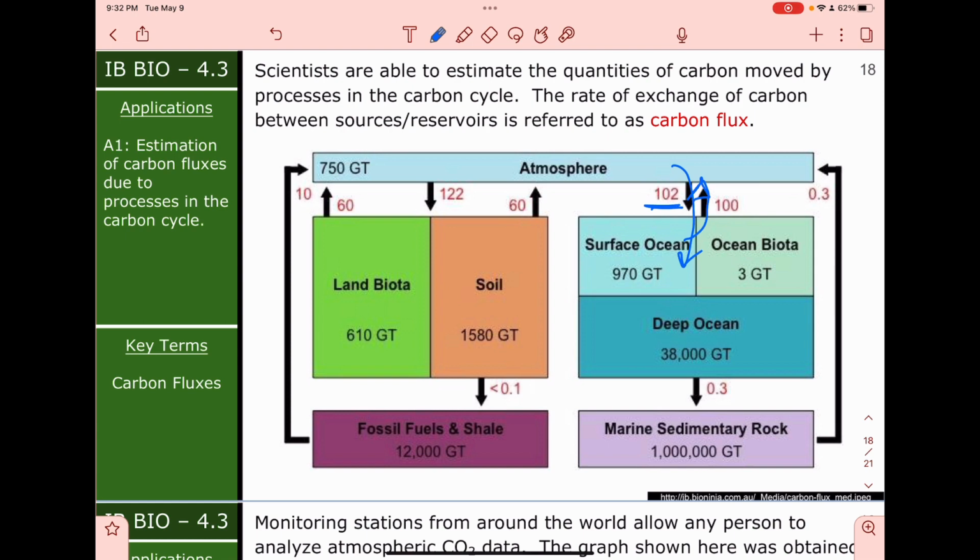So you're having a net gain of gigatons of carbon. So again, fluxes are a way for scientists to measure the movement of carbon through their sinks or their pools, and that's what we're looking at here.